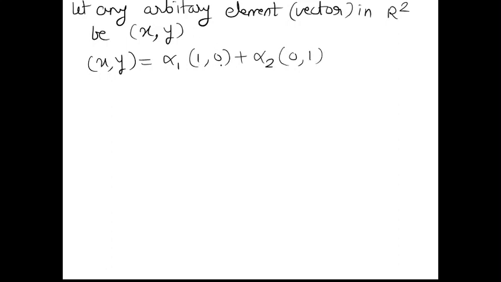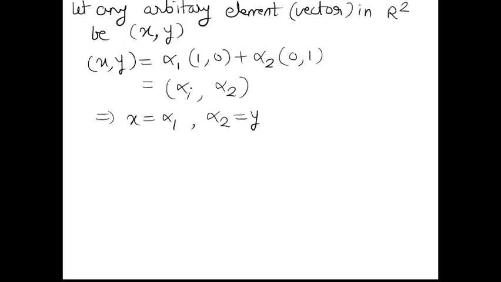Elements in S are v1, v2. Now here we wish to find the values of the scalars. You will find that alpha 1 is nothing but x, and alpha 2 is nothing but y.